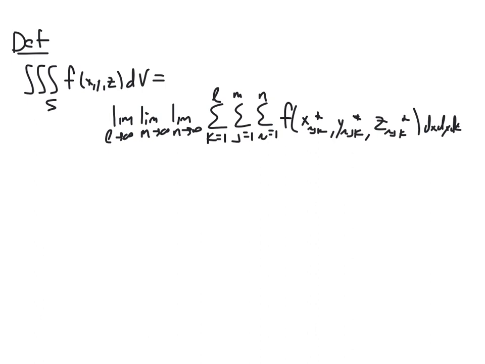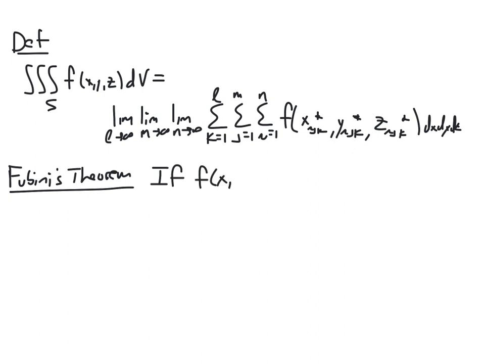And so we have a version of Fubini's theorem that applies to triple integrals. And so we're going to start with functions f of x, y, z, which are continuous on a rectangular box.